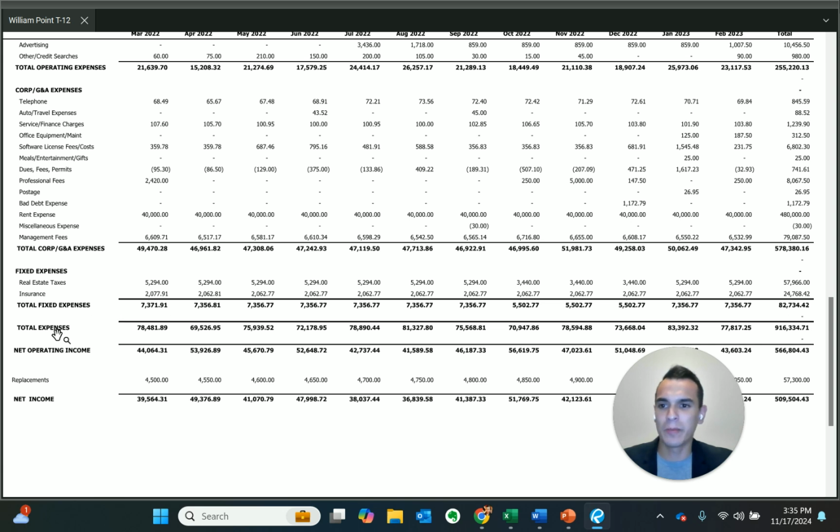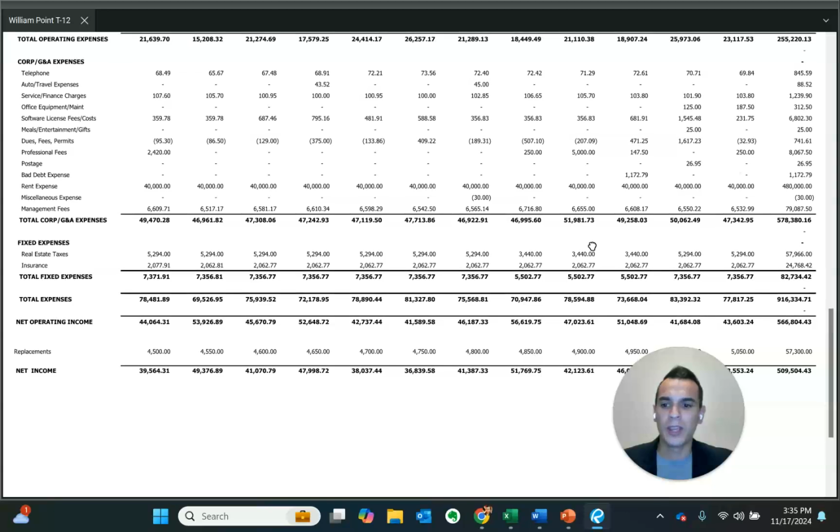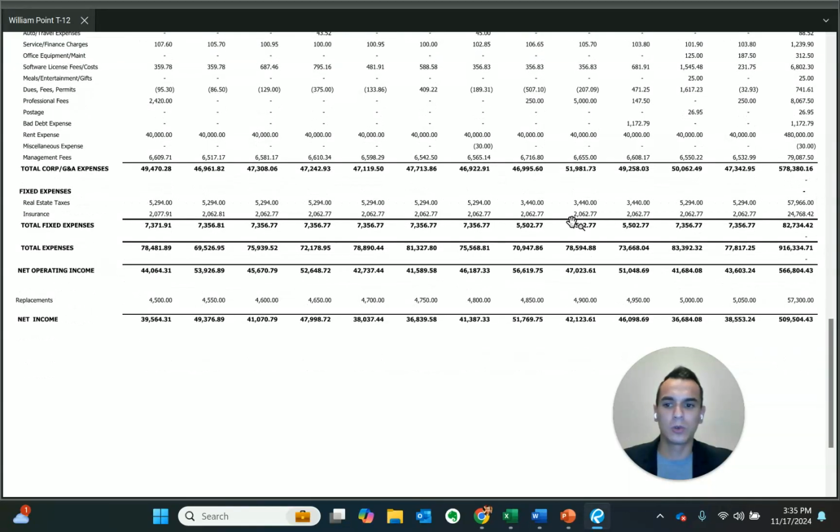So now we're adding all of them up. We're adding up the corp G&A expenses, we're adding up the fixed expenses, and we're adding up the operating expenses, and we get a total of 916,334 and 71 cents. So now what we do to get the net operating income, we are going to minus this total expenses from our total income.